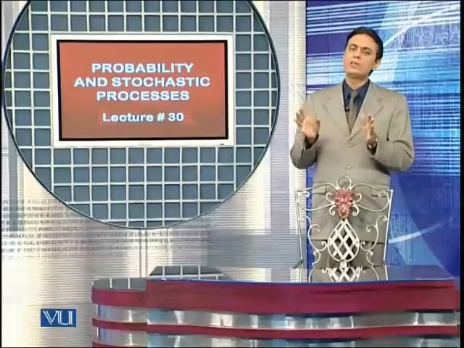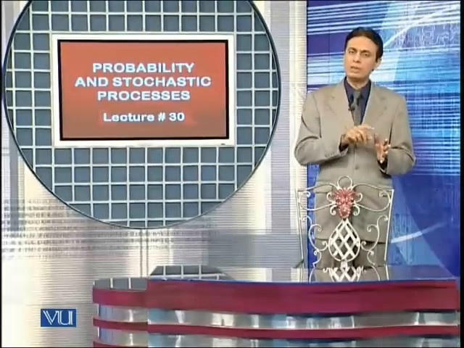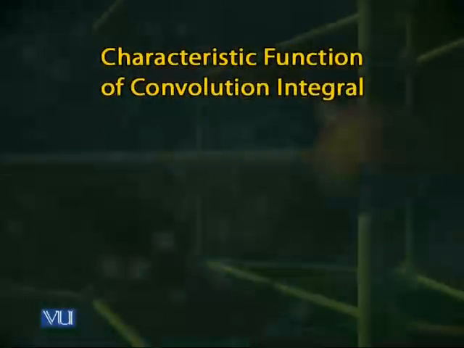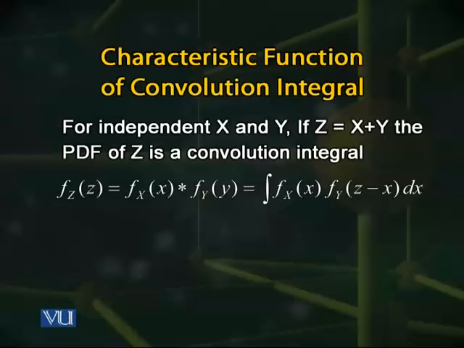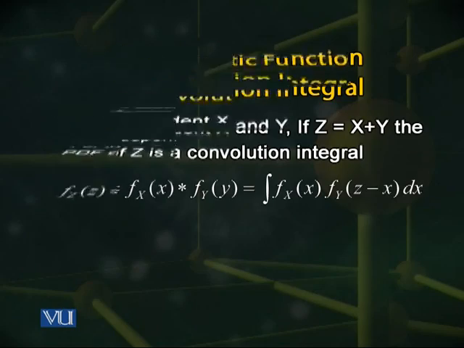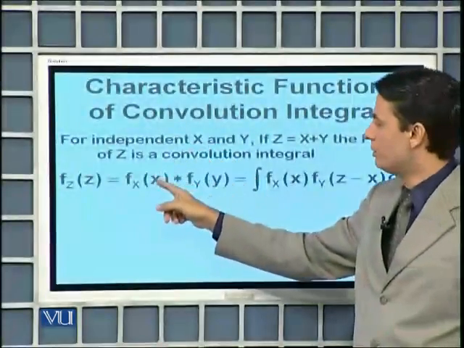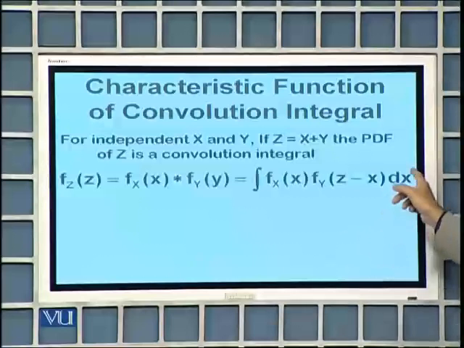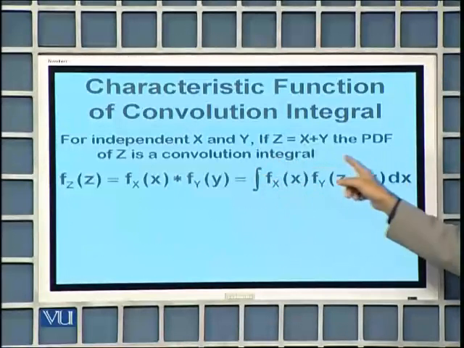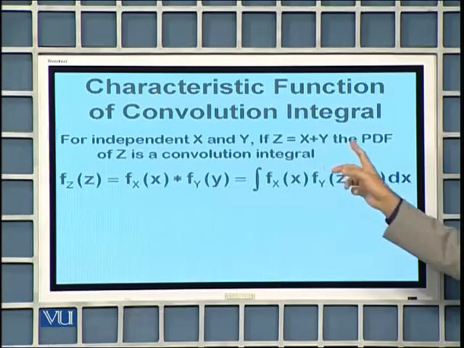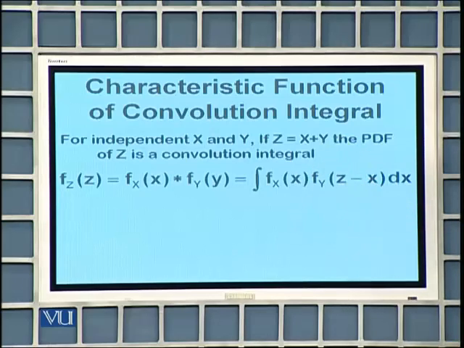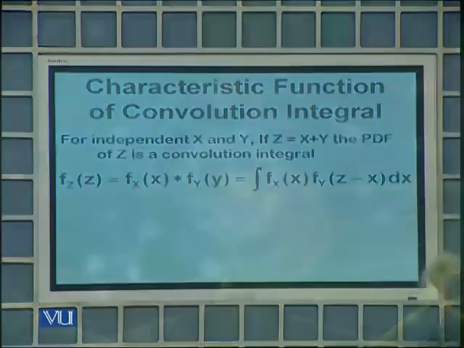So instead of using the PDF of z in evaluation of the characteristic function, you can use that convolution integral. So here you can see on your screen that instead of using the PDF of z, you can use the convolution of the PDF of x and the PDF of y, which is given by a nice integral with respect to x. This can very well be an integral with respect to y, because x and y can play their roles in each other's place.